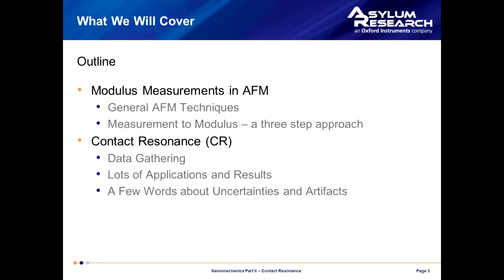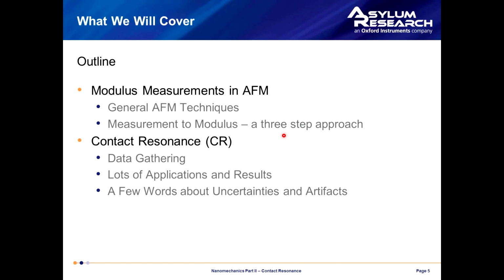This is a brief outline of the topics we'll discuss today. We're going to start out with a discussion of modulus measurements in general in AFM, covering a few different techniques I alluded to briefly in the last slide.